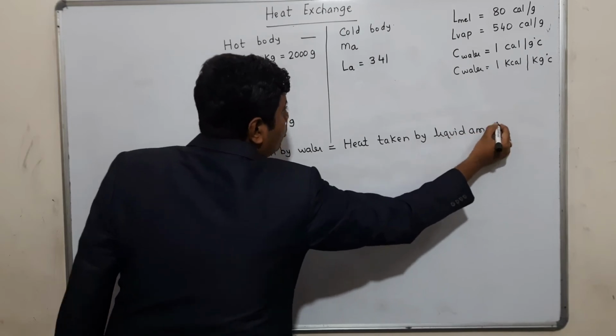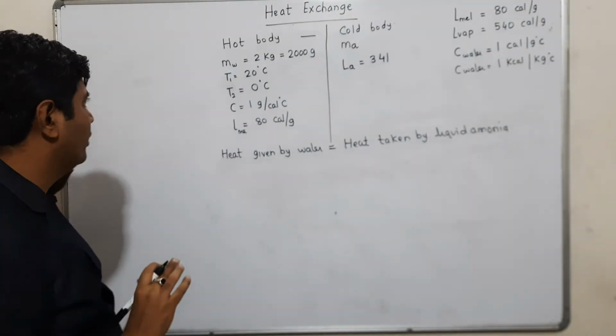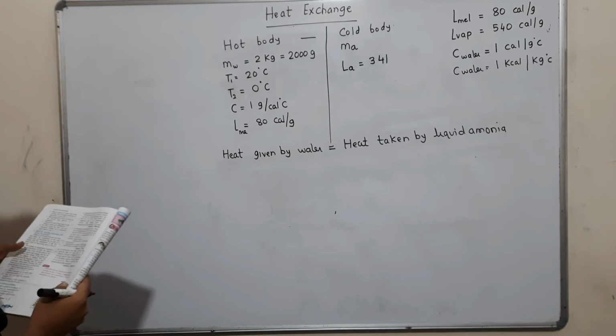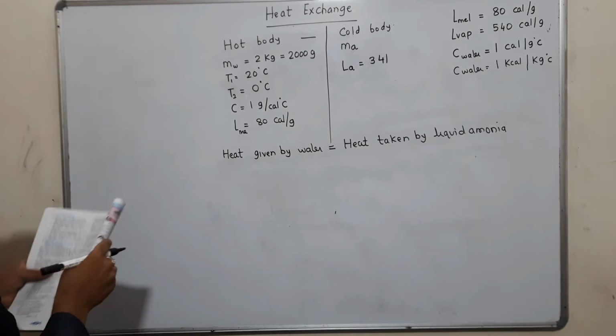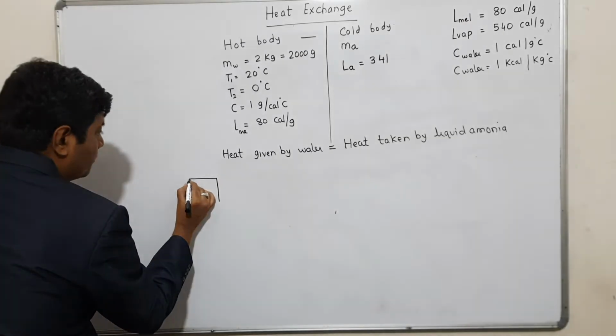Now you have to check whether there is a change of state in case of water. What is given over here is, water at 20 degrees Celsius is to be converted to ice, so what all heat conversions will be there?